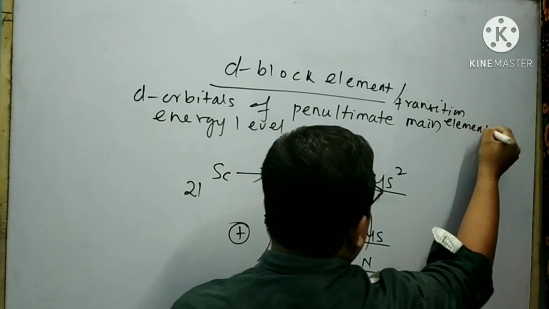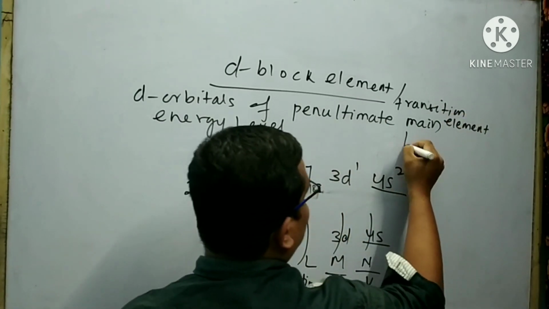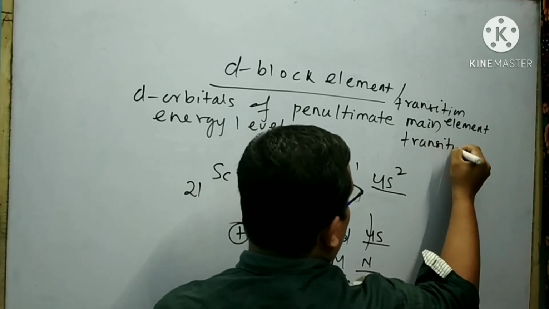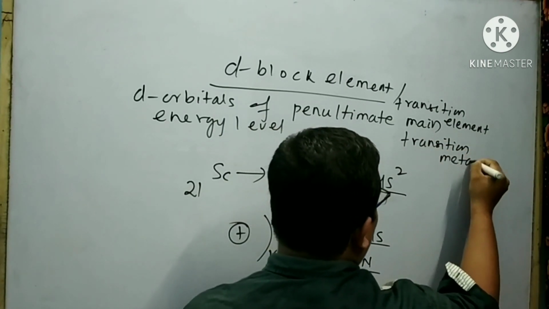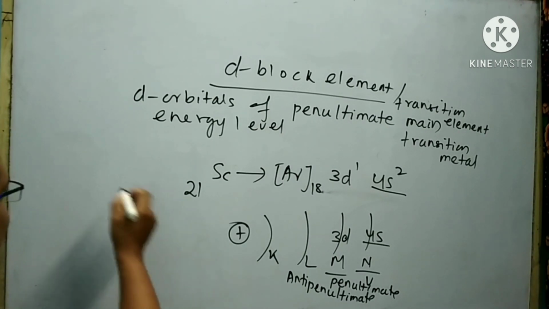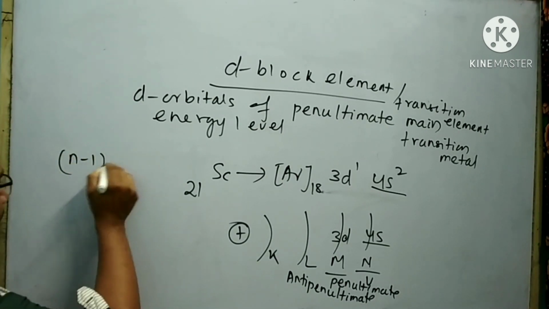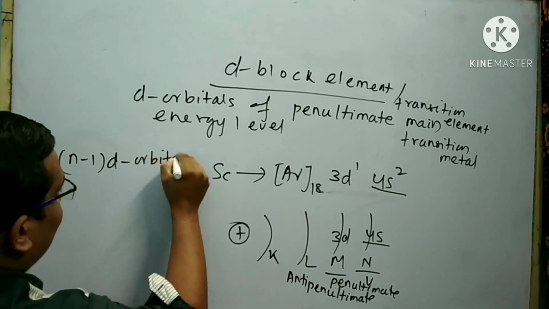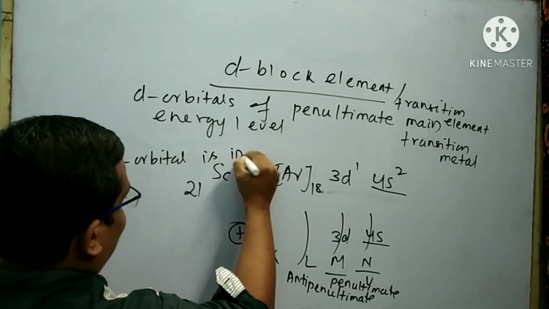The d block elements are also called transition elements, also transition metals. D block elements are those in which the (n-1)d orbital is incomplete.